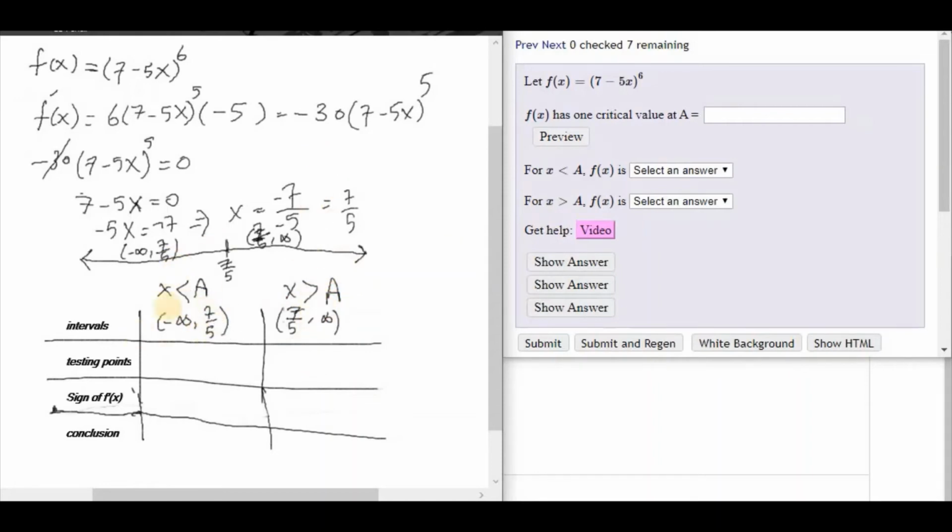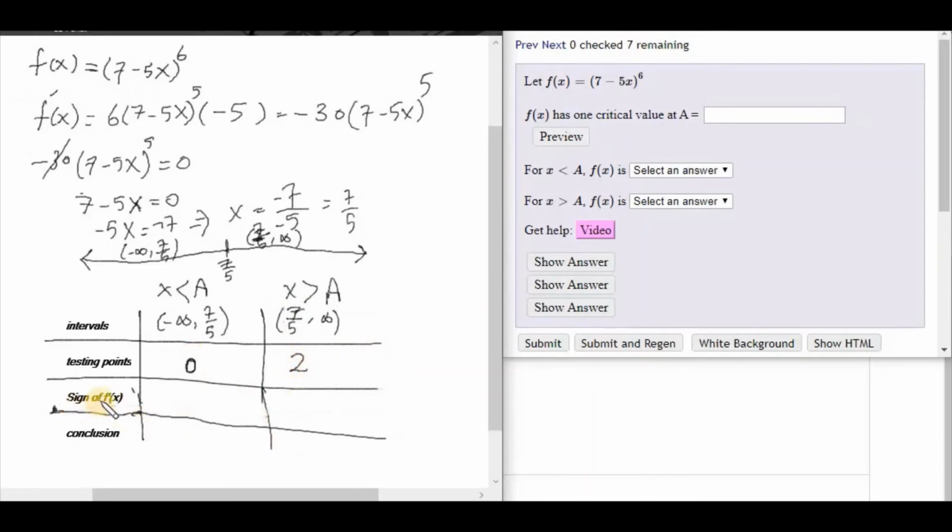Now we will choose any testing points that are in the interval. So from negative infinity to 7 over 5, 0 is the easiest value that I can choose. And then from 7 over 5 to positive infinity, 7 over 5 is basically 1 and 2 over 5. So I can choose 2 or 3 or anything bigger than that. I will choose 2.